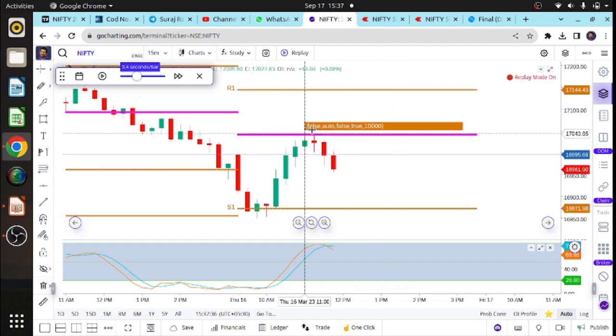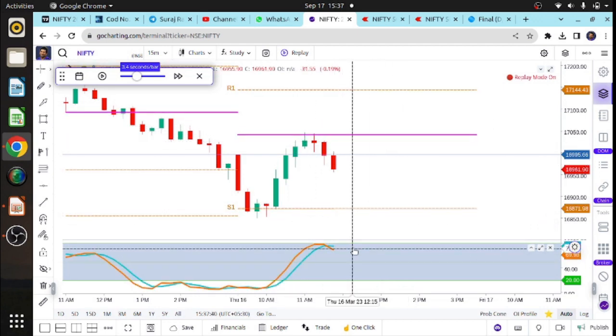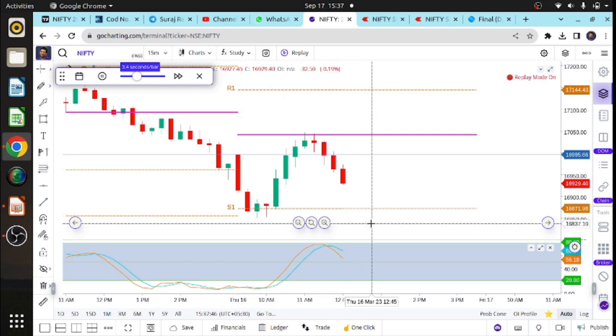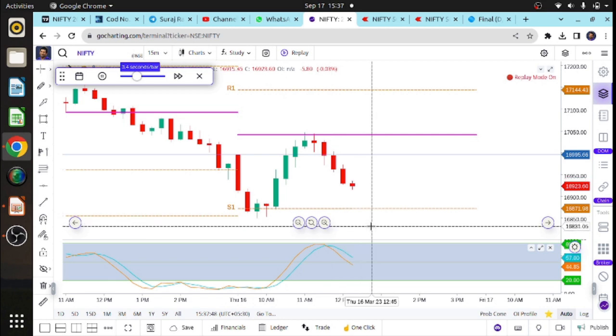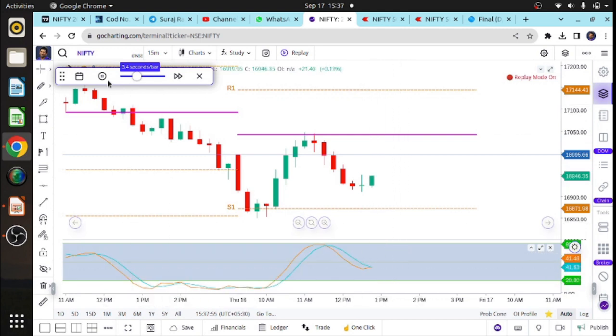Now from the pivot point it is taking rejection. Stochastic is also saying you can take the put option, so we take the put option, and now we can expect somewhere near support region 1.